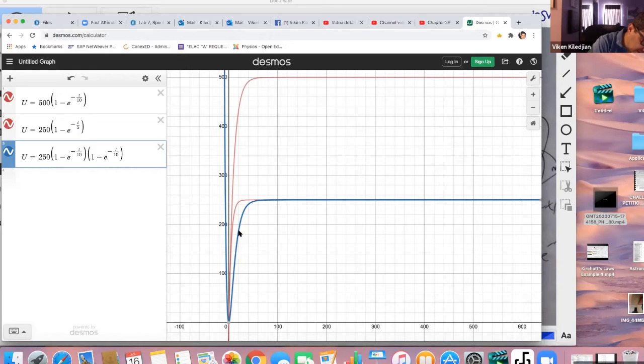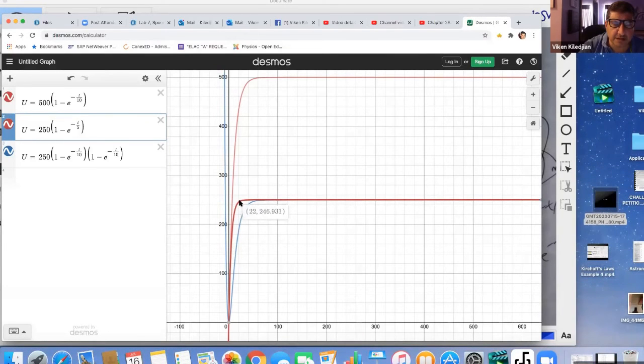How much energy is lost in the resistor at 20 seconds? Just go up all the way to the red line and say, okay, at 20 seconds, 245 is lost in the resistor. 245.